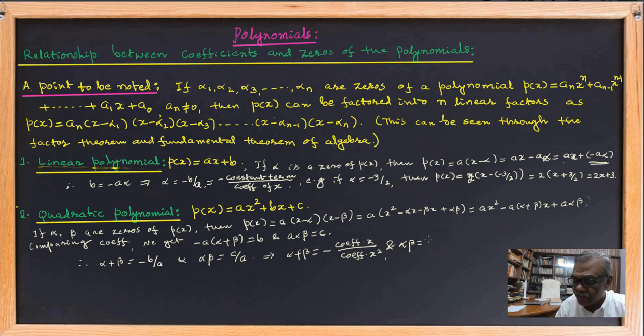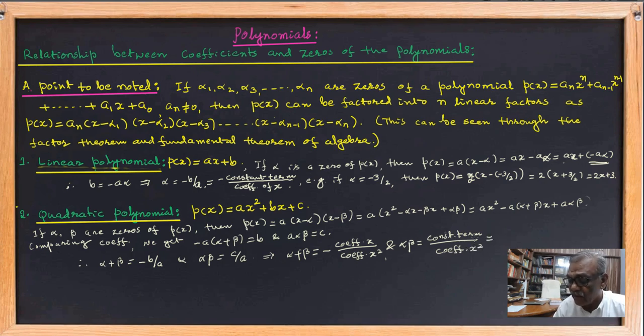and alpha into beta is equal to the constant term divided by the coefficient of x square.